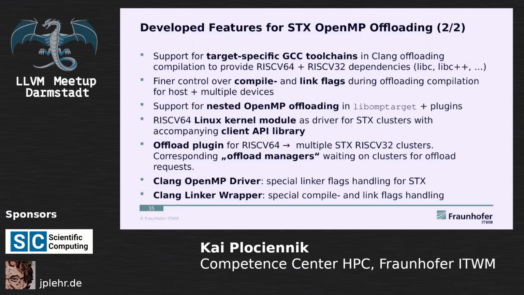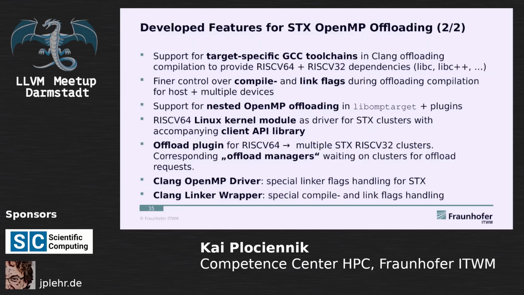But in our case, we have two offload targets. We have a host RISC-V target and a device RISC-V target, and we needed to implement flexible handling of target flags for host and device for specifying two different target-specific GCC toolchains providing dependencies. So that's also something we needed to change.